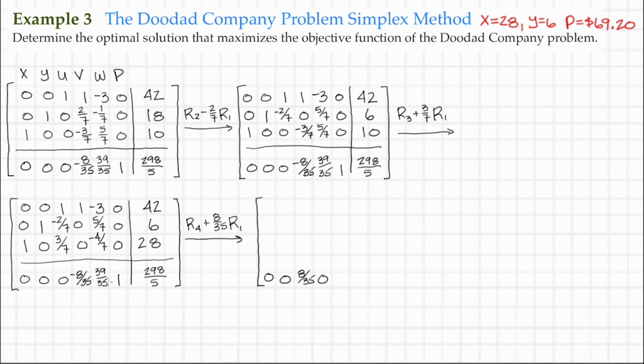And 39/35 minus 24/35 is 3/7. 0, 0, bring down the 1. Put in our vertical bar. 42 times 8/35 is 48/5. 298/5 plus 48/5 is 346/5.